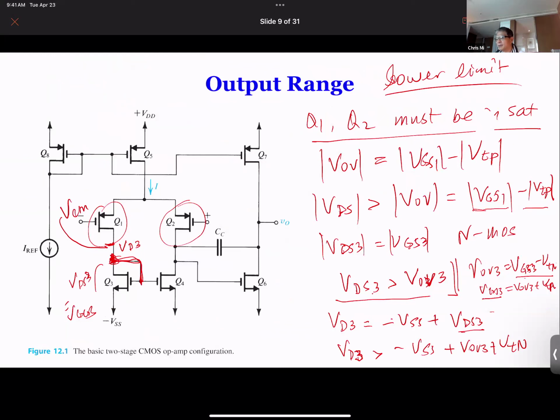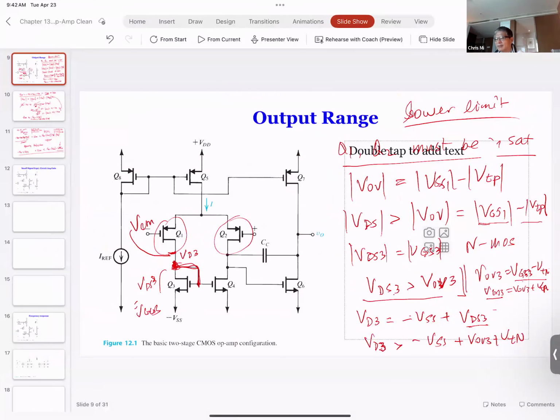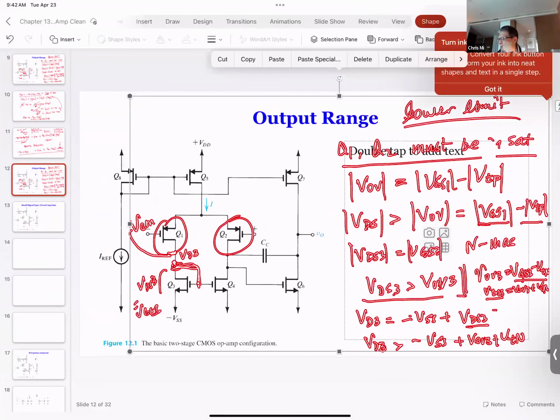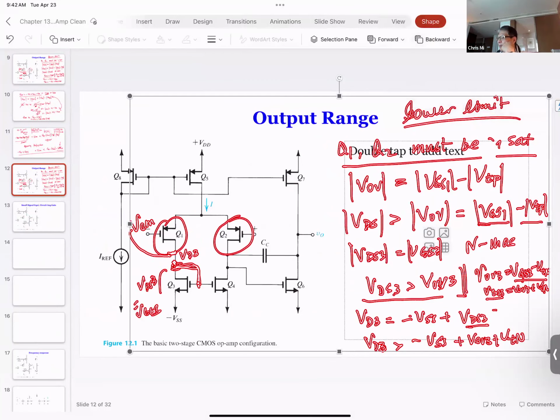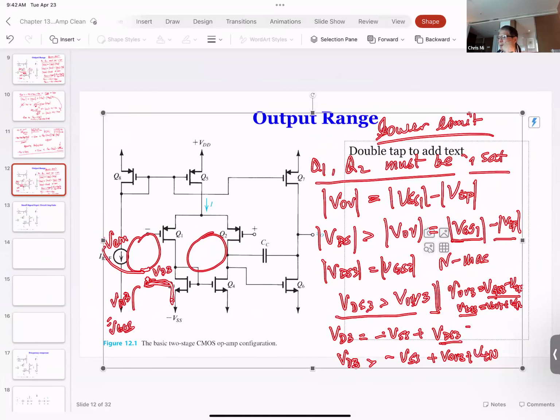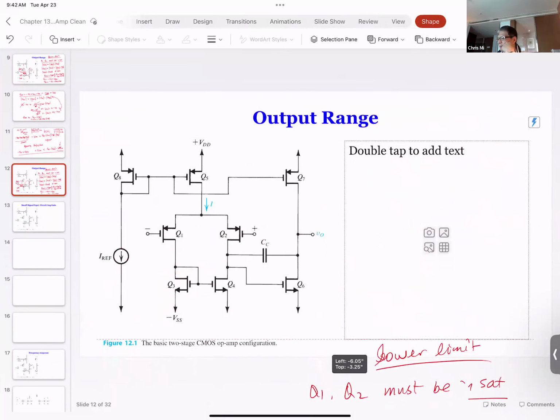I think we need to have a look at the... Oh, actually, I used the wrong slide for the output range. So let me add another slide so that I can... Well, let me move this out.